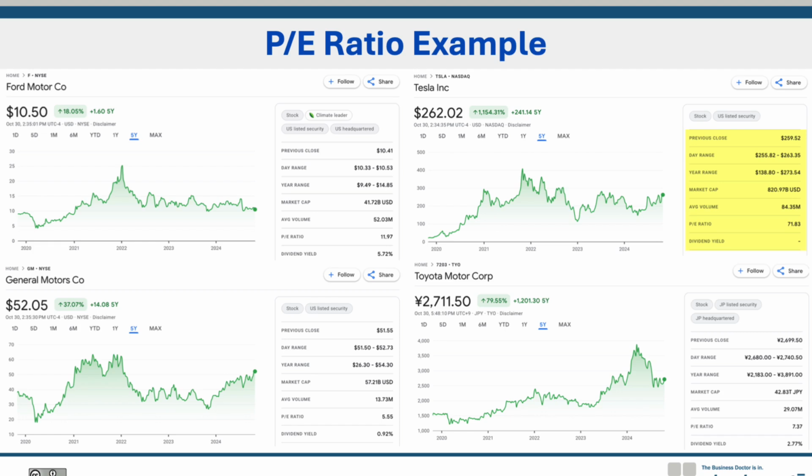So if we look at Tesla, which had a stock price of $259.52, its market cap is $820.9 billion. Why that is so much higher than Ford and General Motors, of course, is based on the number of shares times the stock price. So lots of shares, high stock price. And it's trading at 71.83 times its earnings.